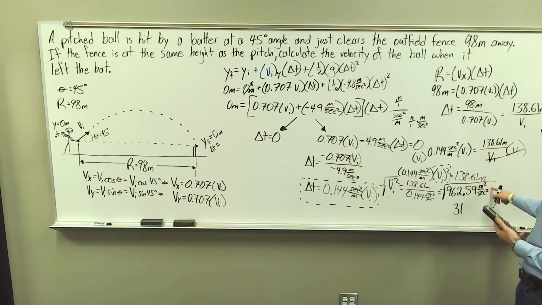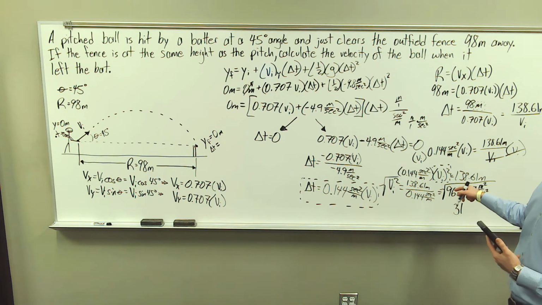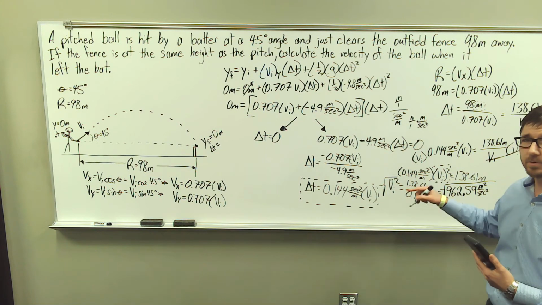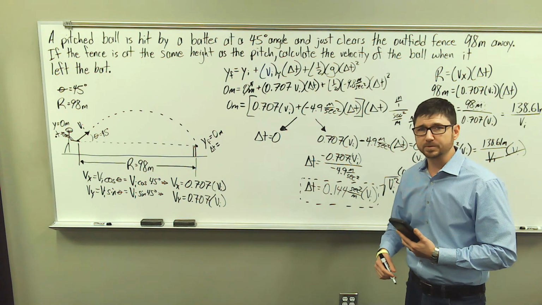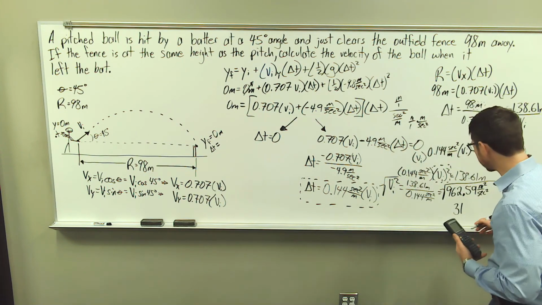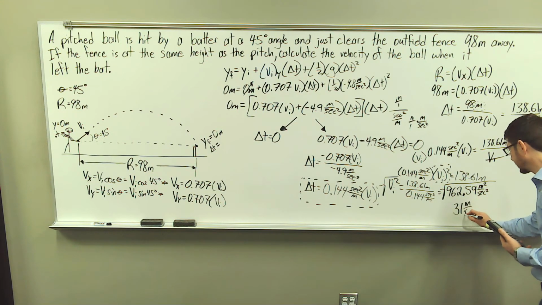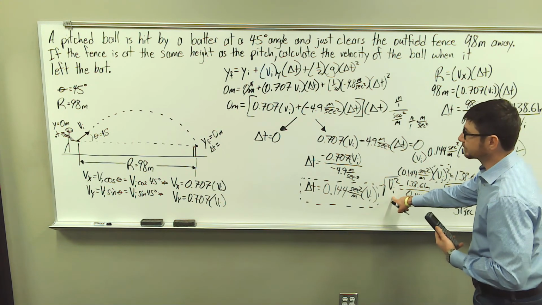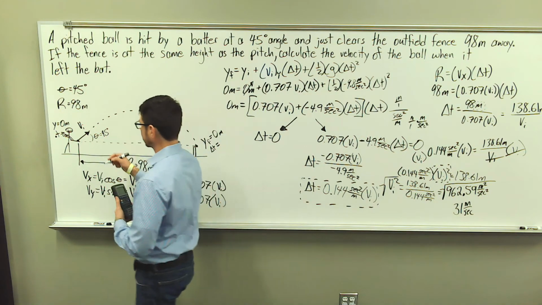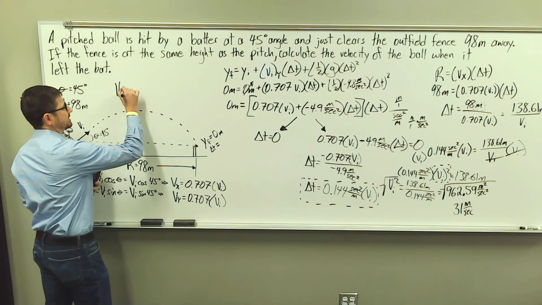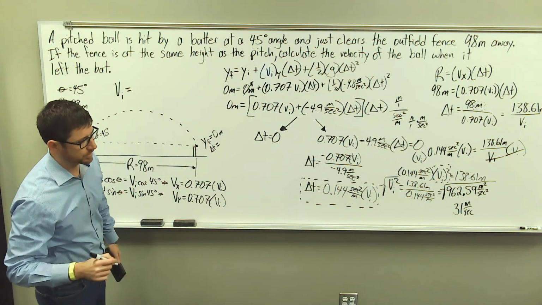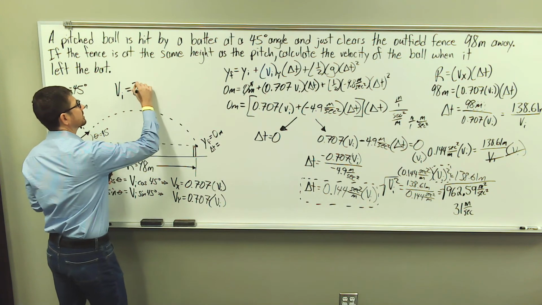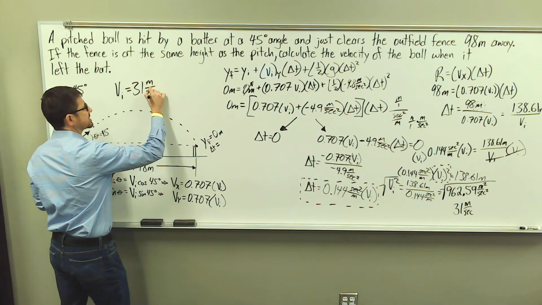Okay? Now right here, we're taking the square root of the unit value as well. So the square root of meters squared per second squared is meters per second. So our initial velocity right here is equal to 31 meters per second.